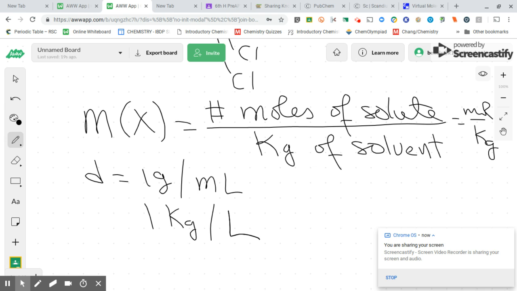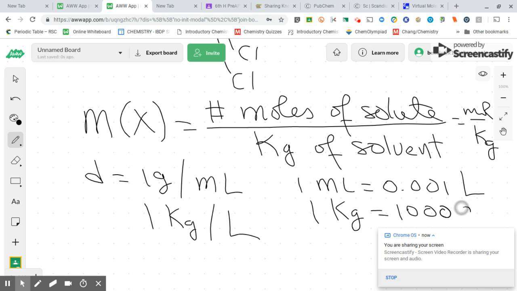Don't forget the following conversions: 1 milliliter equals 0.001 liter. 1 kilogram equals 1,000 grams. That's another piece of info that you need to remember for doing calculations while you are working on this one.